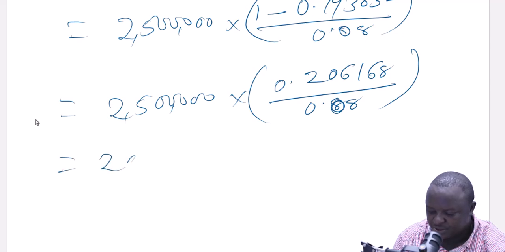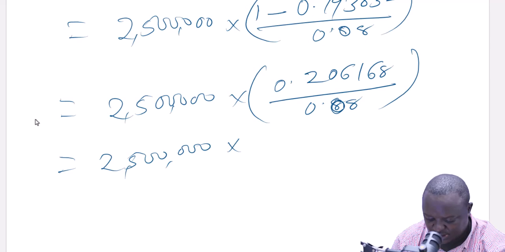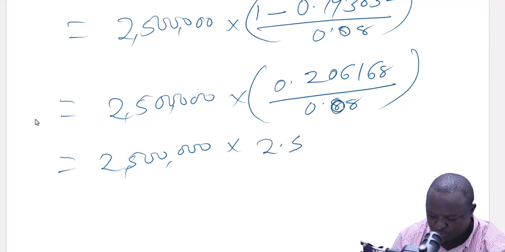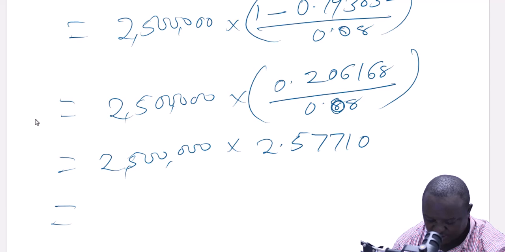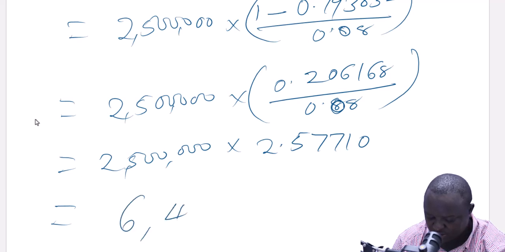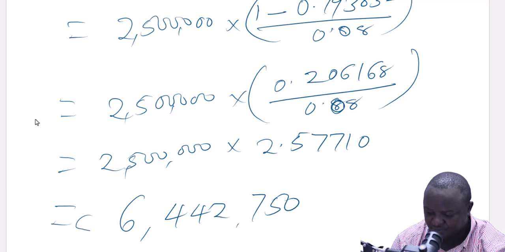So that will be 2,500,000 times 0.206168 divided by 0.08, that will be 2.57710. So 2.57710 times 2,500,000, we will get 6,442,750.